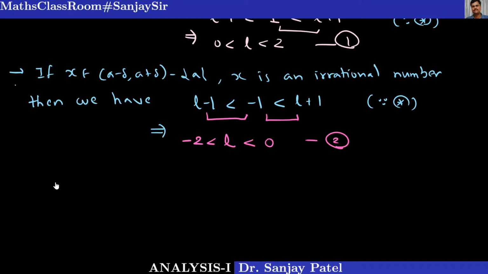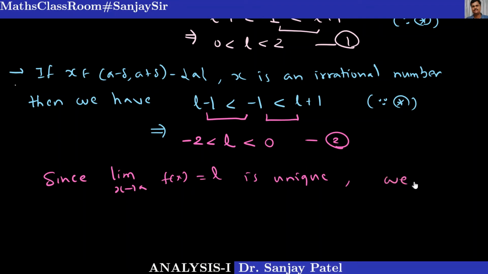So since limit of the function f(x) as x tends to a, equal to L, if it exists, is unique, 1 and 2 give the contradiction. If they exist, we cannot have 1 and 2. Okay, so we are getting a contradiction.